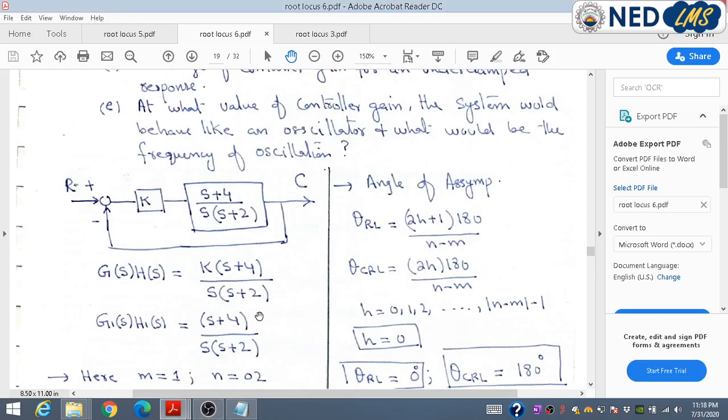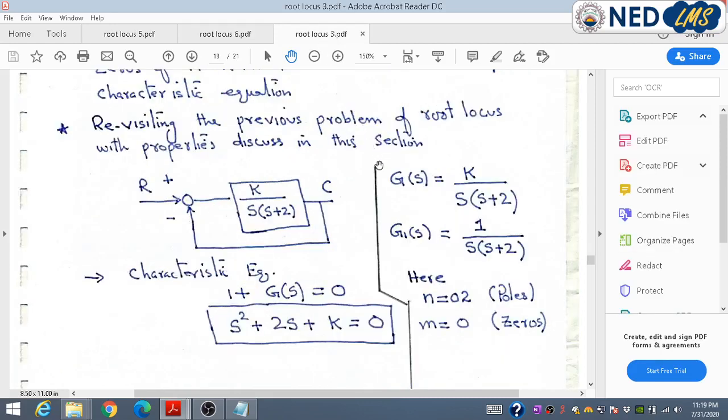Here is the block diagram of a unity feedback system, and this is the transfer function of the plant. Here we also compare the given system with respect to the problem we already solved earlier. In this system, this is the transfer function of the plant as well as the controller involved here.